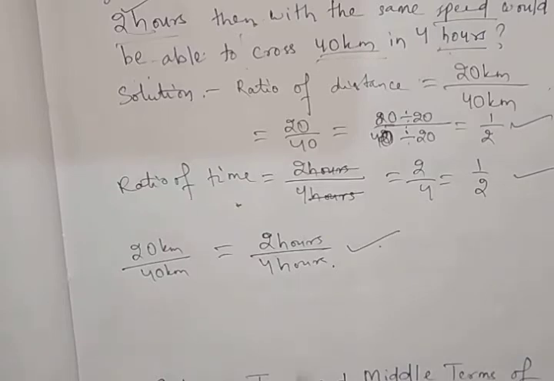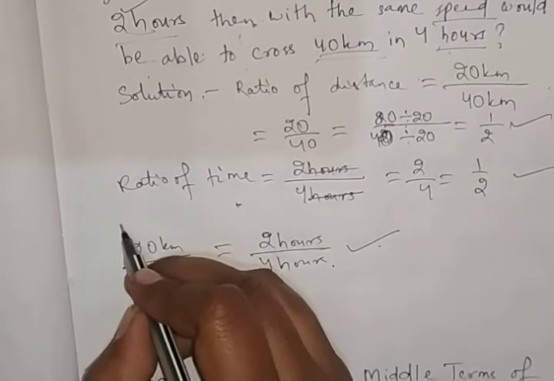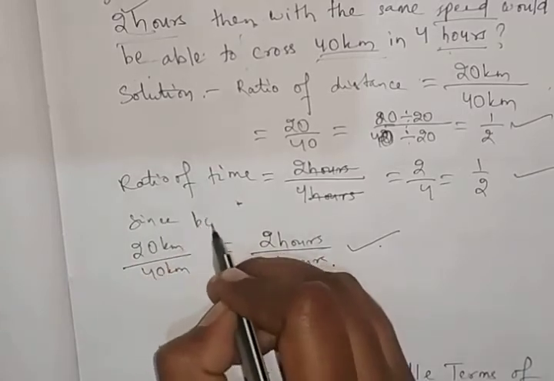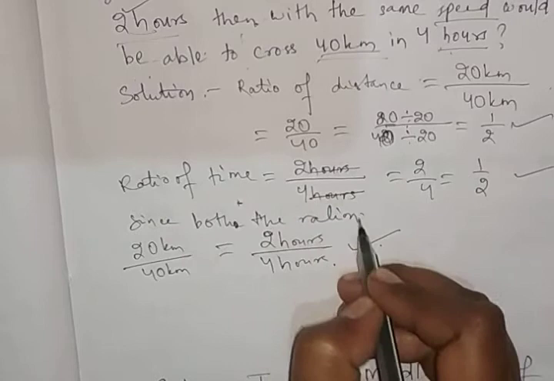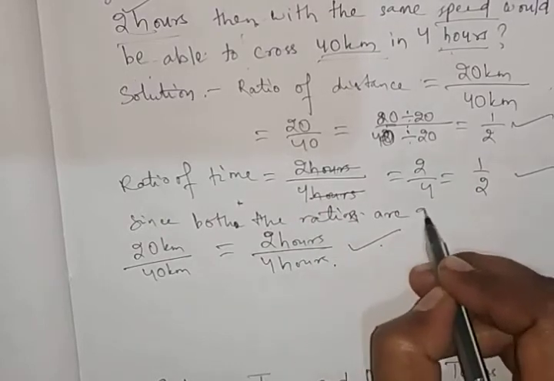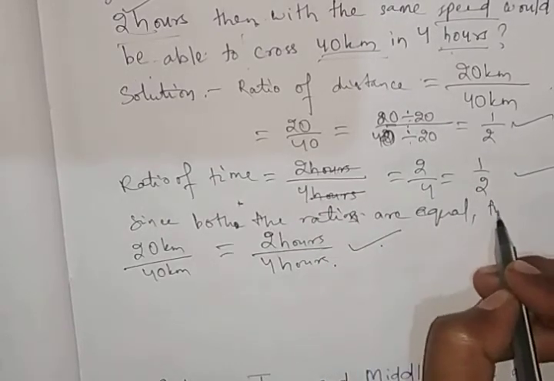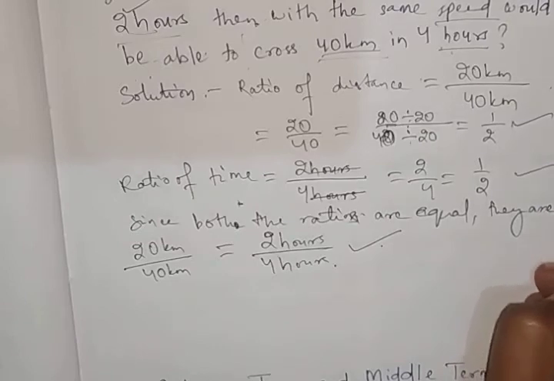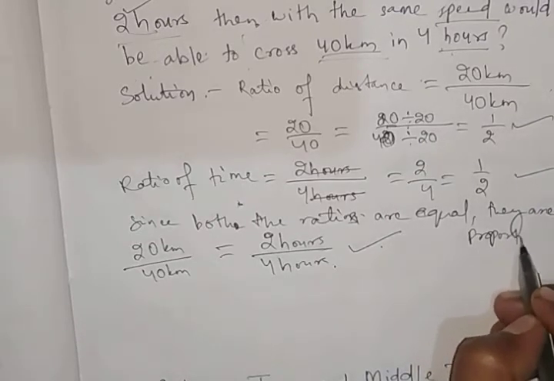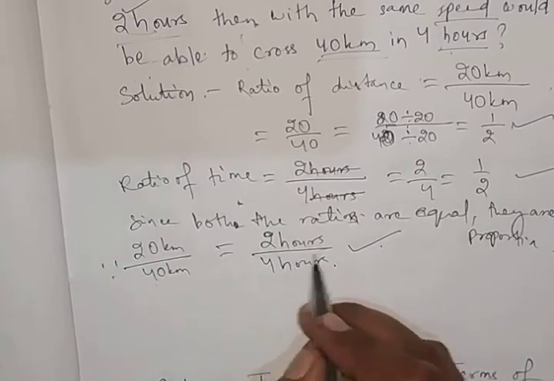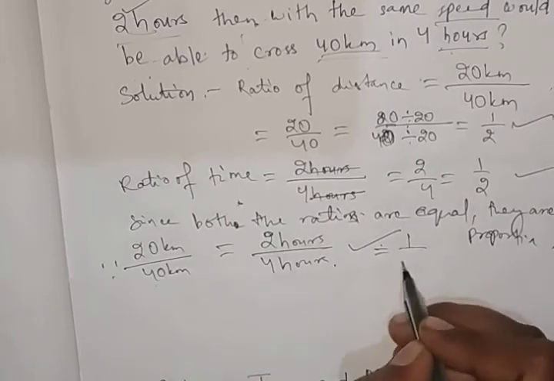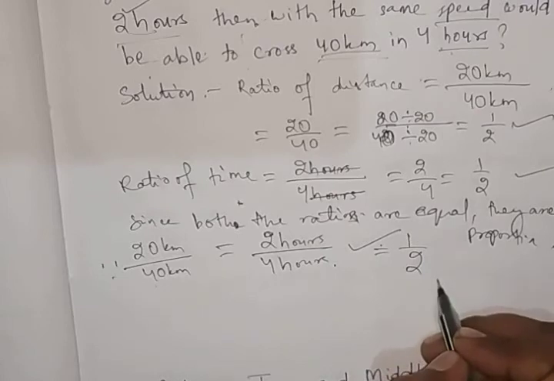Since both the ratios are equal, they are in proportion. 20 kilometer by 40 kilometer is equal to 2 hours by 4 hours, that is 1 by 2.